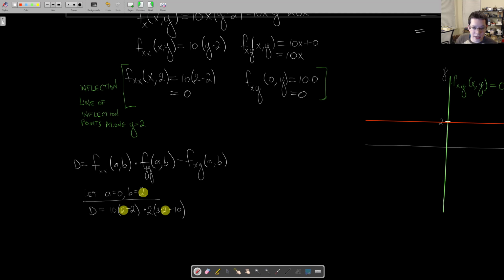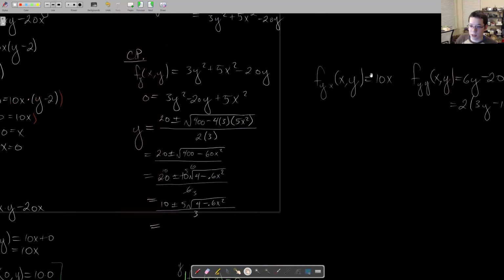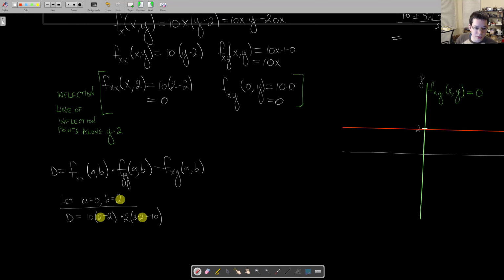So xy and yx are the same, and that's just going to be 10x, just like we saw up here. So this is going to be minus 10x, which is 0. So we have 10 times 2 minus 2 is 0. 0 times that is 0. Minus 10 is 0. So d is equal to 0, which means it's neither a min or a max.